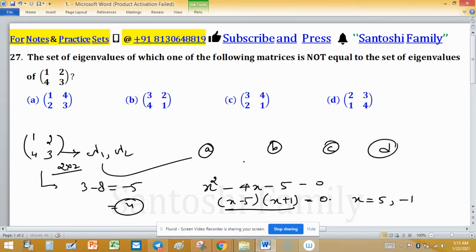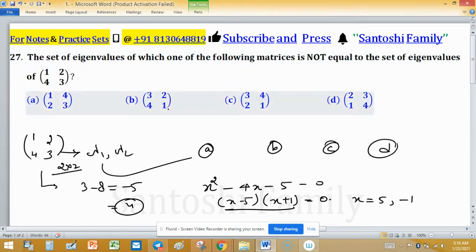In option A, only the non-diagonal elements are interchanged, so the value of the determinant remains the same, as well as the trace. Also you can check the trace of the matrix in option A is 4, and as we found for the given matrix it is 4, so it is not our desired option, because the eigenvalues are equal.